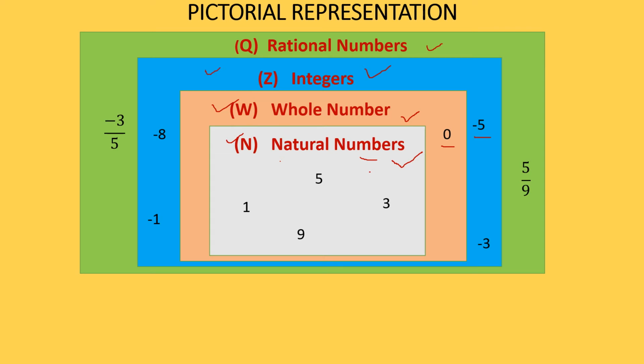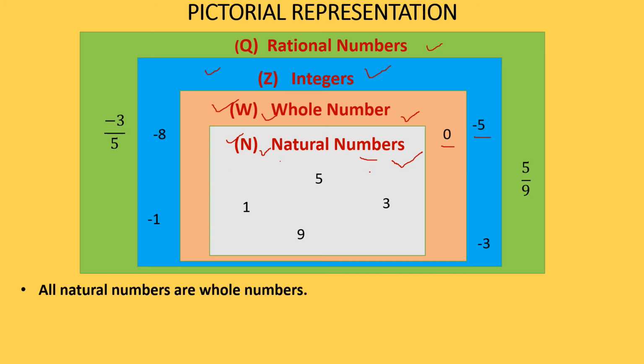In integers, we have the whole number box and the natural numbers box also. That means all the whole numbers are integers and all the natural numbers are integers. And then the final one, rational numbers. Rational numbers include all the integers, all the whole numbers and all the natural numbers. Right? Now this is the pictorial representation of the number system which we have discussed.